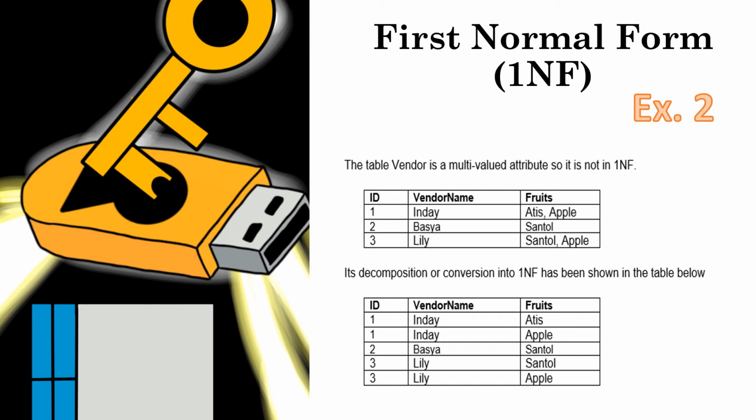Its decomposition or conversion into first normal form is shown in the table below. We separate the repeated values into individual records, such as Atis and Apple together with Lily of Santol and Apple. That's how we convert the table into first normal form.